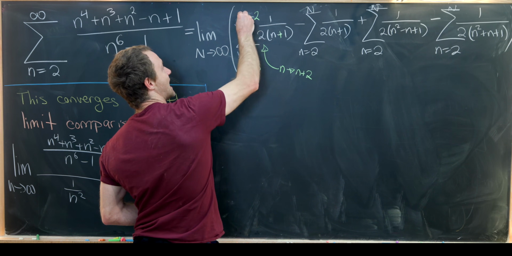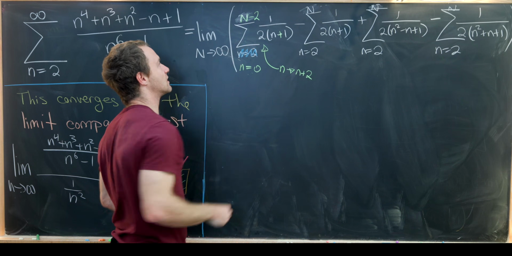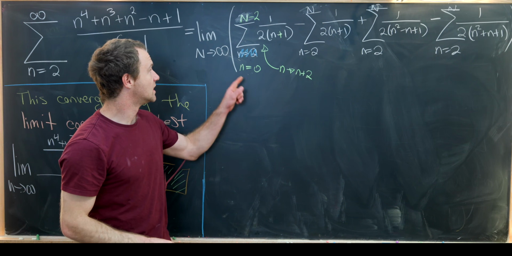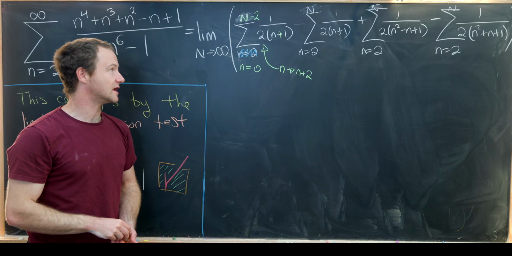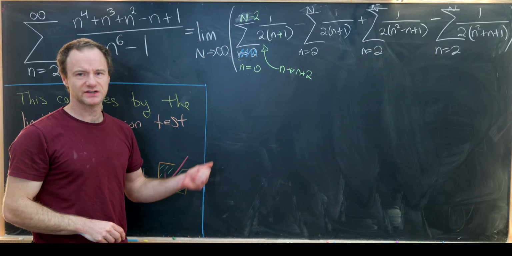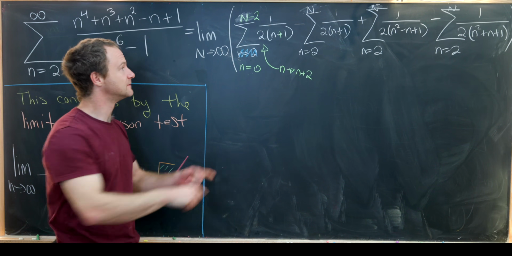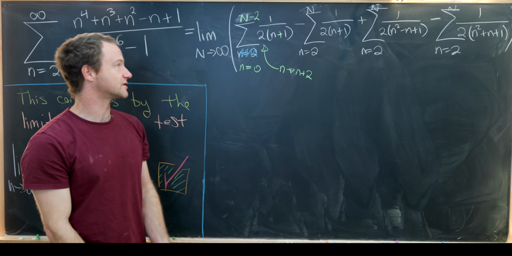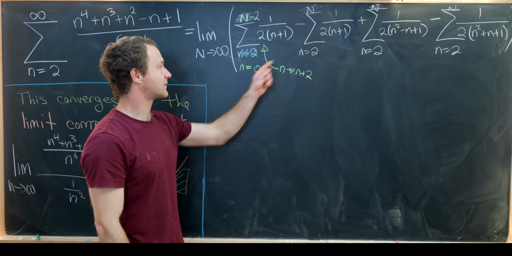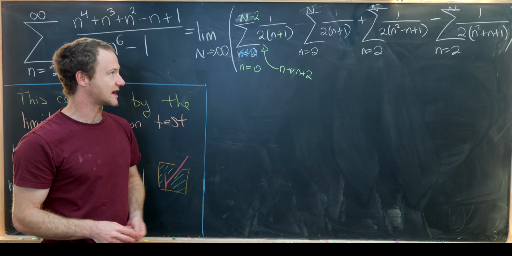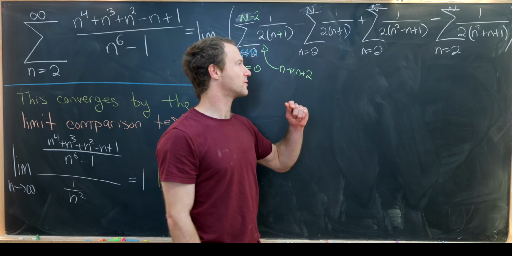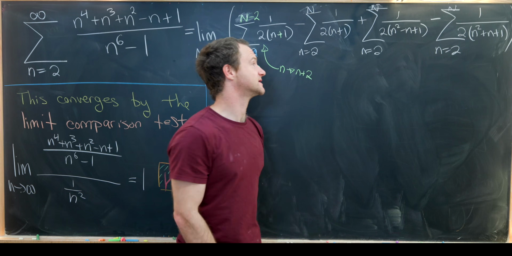Now we have the sum as n goes from 0 to N minus 2 of 1 over 2 times (n plus 1). So now these two almost look exactly the same, except for the starting and ending points, which we'll take care of in just a bit. But now we want to perform a change of variables on this sum.